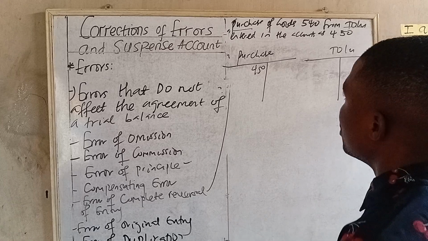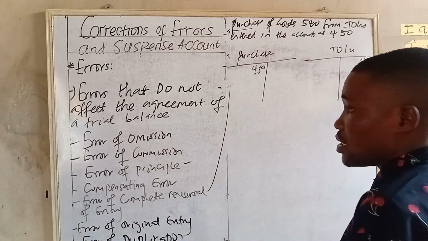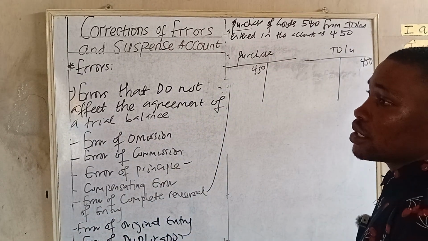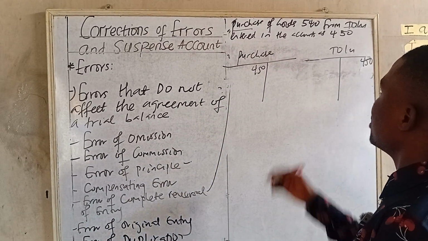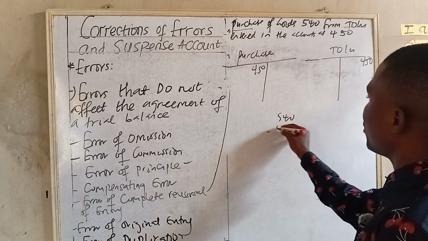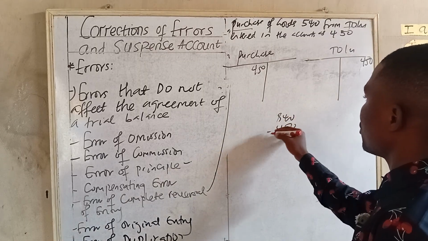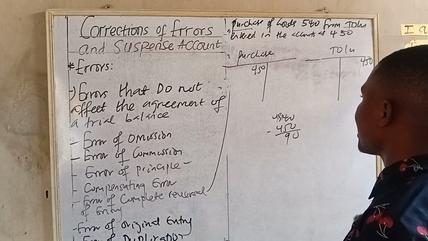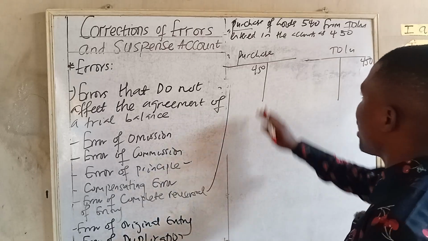So since we undercast the amount, just look for the difference, then add it back. So any undercast, always add it back. 540 minus 450: 14 minus 5 is 9, so 90 naira. So we add 90 naira back.